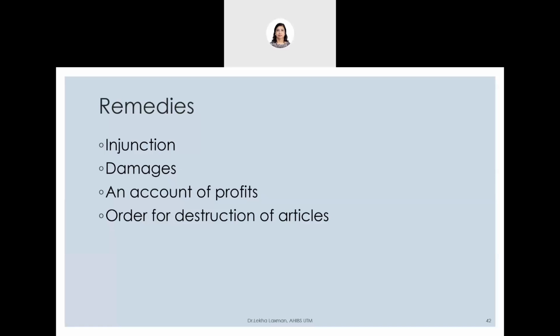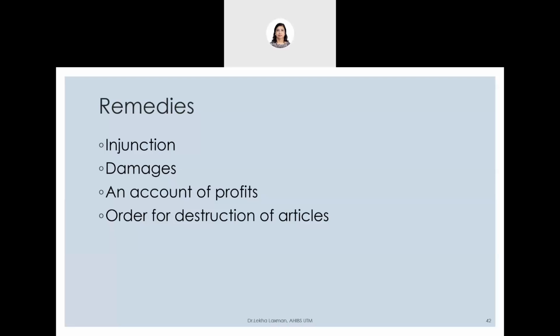And then finally, another remedy that you can apply to the court for is an order for destruction of articles. So if this person has used your invention and has manufactured goods based on your patented invention, you can require this person to destroy whatever they have manufactured as a result of your patent.